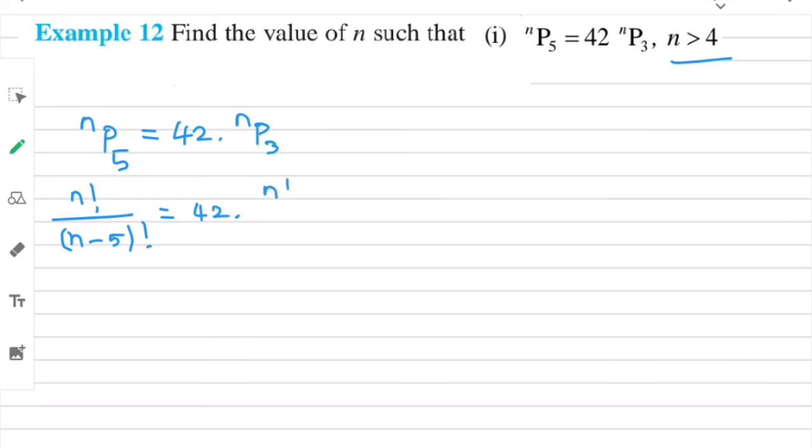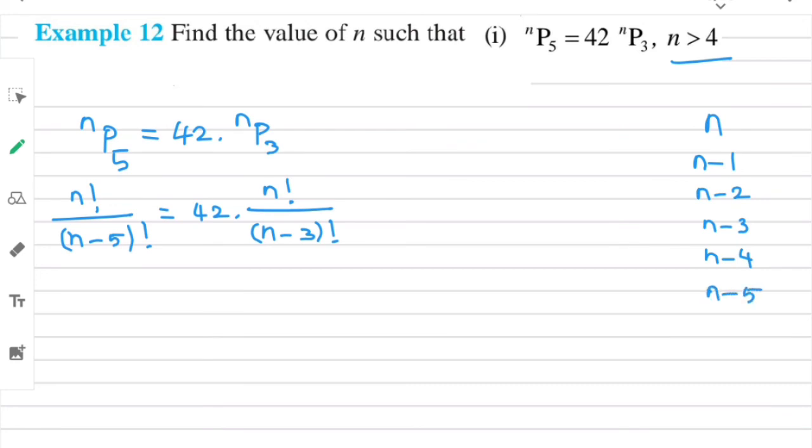That is n factorial by (n minus r), here r is 3. So (n minus 3) factorial. Before proceeding with this one, I want to tell you that n is the greater number. What is the number lesser than n? That is n minus 1. And next one is n minus 2. Next n minus 3, n minus 4, n minus 5.